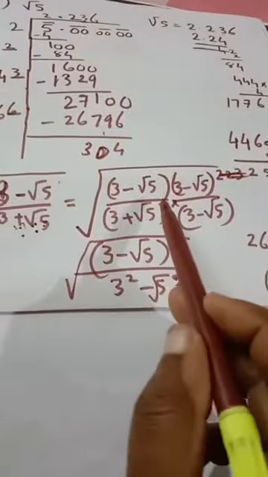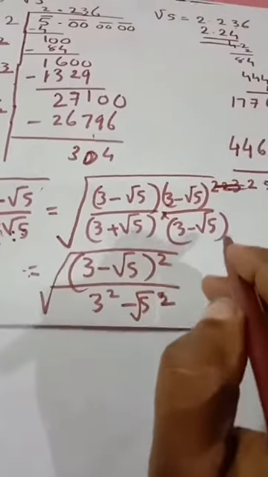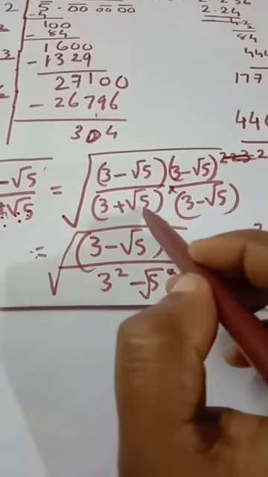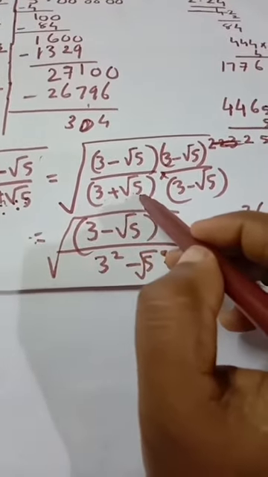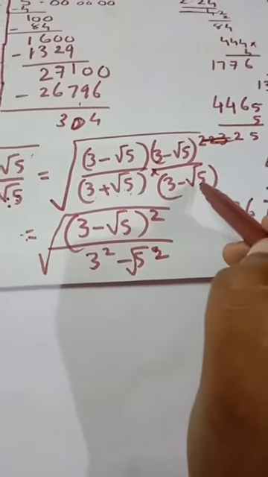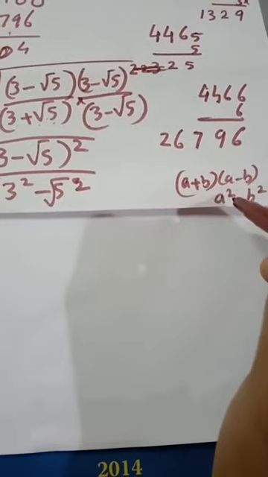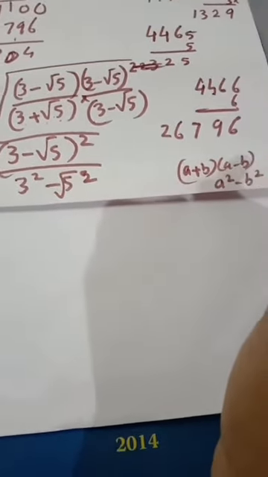See, 3 minus root 5 into 3 minus root 5 is 3 minus root 5 the whole square. And denominator 3 plus root 5 into 3 minus root 5, which is in the form of the identity a plus b into a minus b. What is a plus b into a minus b? a square minus b square.